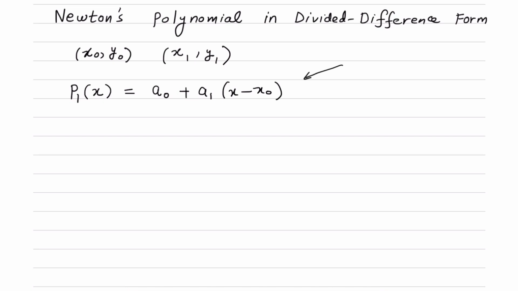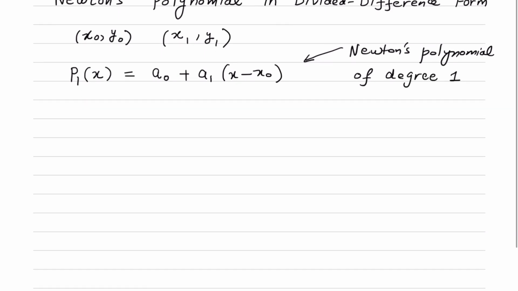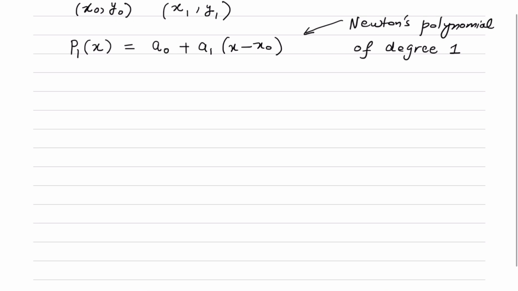This is Newton's polynomial of degree 1. Here in this polynomial p1 of x, there are two unknowns, a0 and a1.